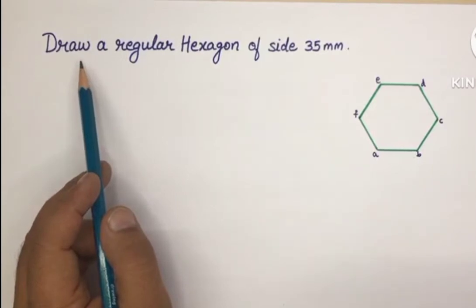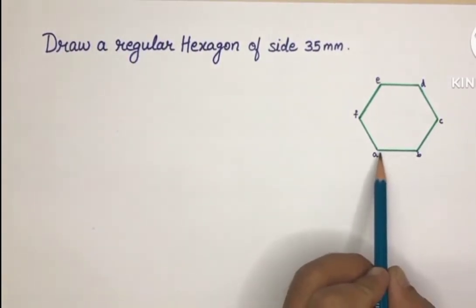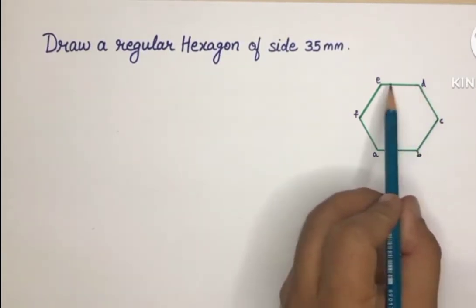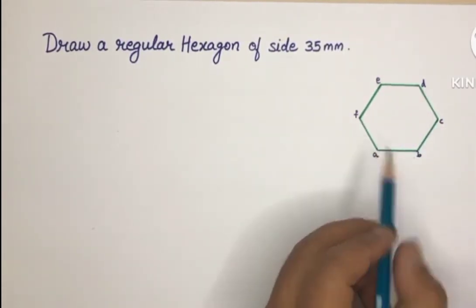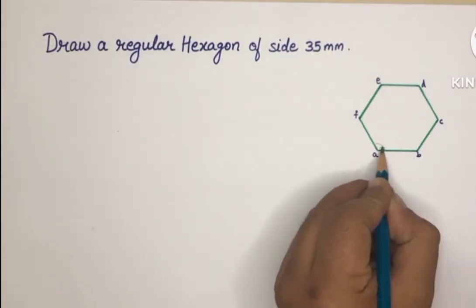Draw a regular hexagon of side 35 millimeter. A regular hexagon has 6 sides and all sides are equal, and it has an inclination of 120 degree.